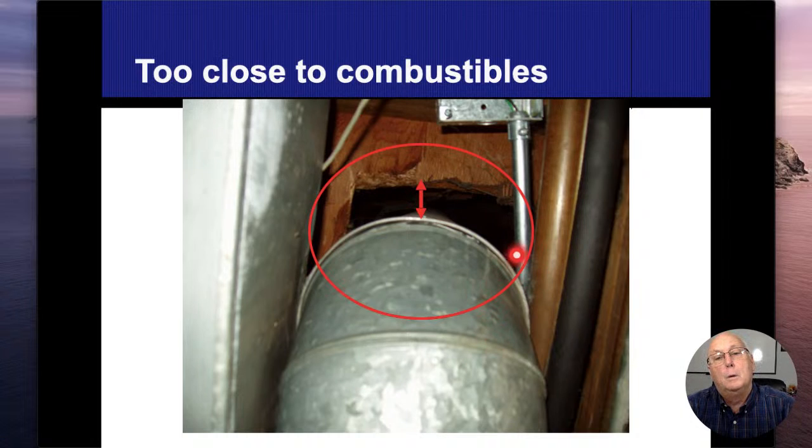And then right up in here is where my B vent begins. So you can see it's just a small little gap in between there. But that little gap allows enough air to go through and lowers the temperature of that metal so that I can get closer to the wood. I still have to maintain a 1 inch clearance.